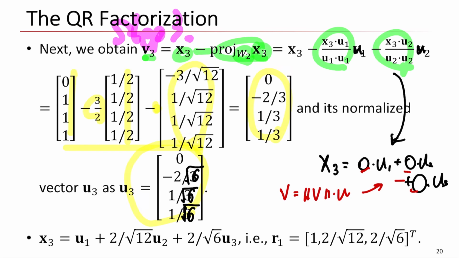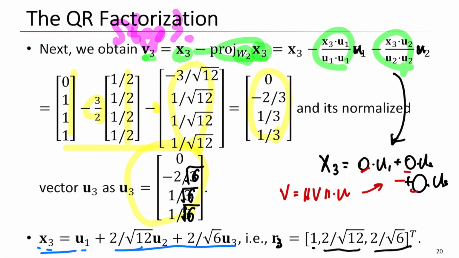So you can just compute this one. The result is something like this, right? In other words, R3 is 1, 2 over root 12 and 2 over root 6, right? So square root 6, right? So this is R3, right?